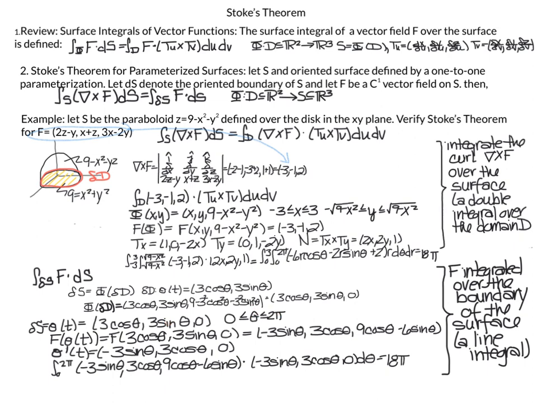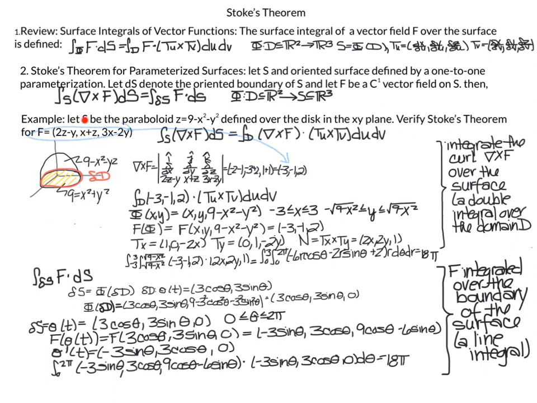And the way we do line integrals, if you recall it from our video, we do f composed with our path because we're only worried about f on our path. So we have f plugging in sigma of t. We have 3 cosine theta, 3 sine theta, 0. Now, where our original f is 2z minus y, but z is 0, so minus y will give me minus 3 sine theta.